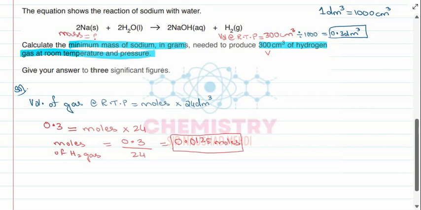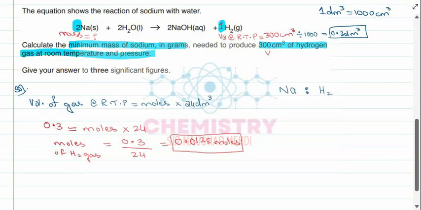Now since I want to know the mass of sodium, I will apply the ratio again, in between the sodium and hydrogen. According to the balanced equation, the sodium moles are 2 in the balanced equation, and before hydrogen nothing is written, which means that it is having 1 mole.